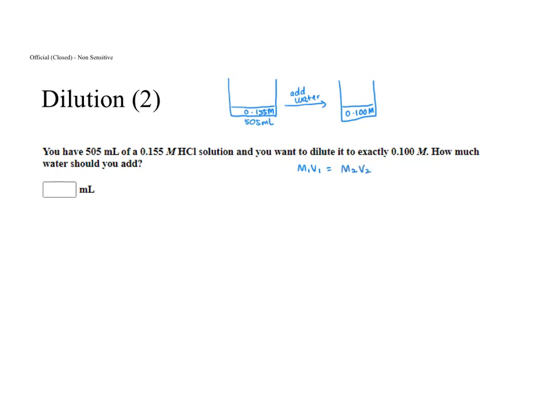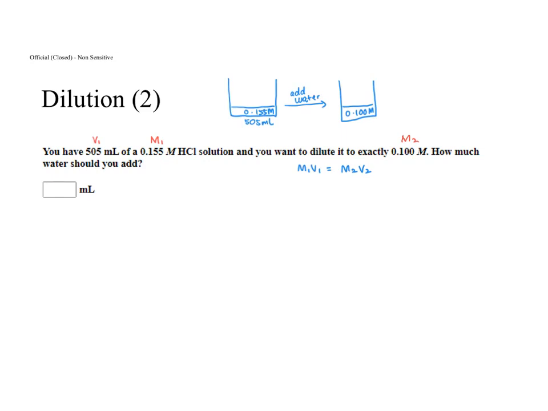So let's identify which are M1V1 and M2V2. You have 505 ml initially, so this is the initial volume, that means this is V1. Initial concentration is 0.155, so this is M1. And the final concentration that you want is 0.100 molar, so this is M2.